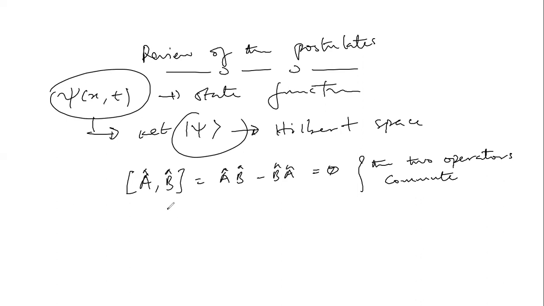And when the commutator between the two operators is not the same as zero, we will say they don't commute.